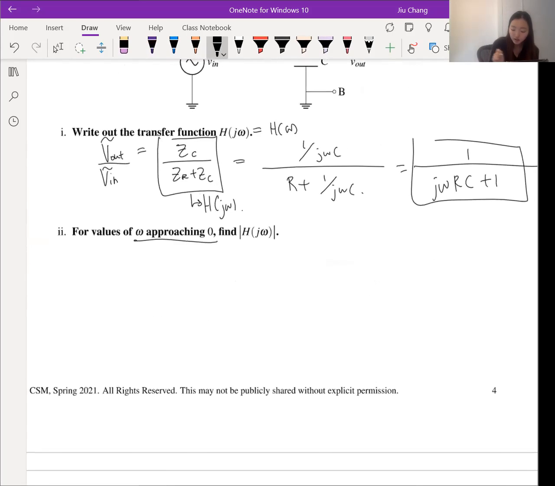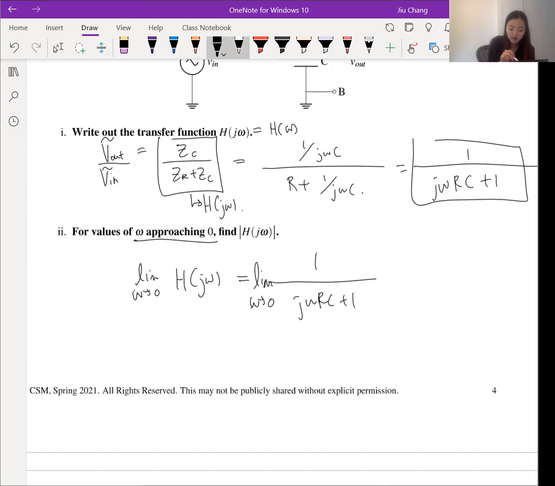Now, for omega approaching 0, we will have this fraction where this part is approaching 0.